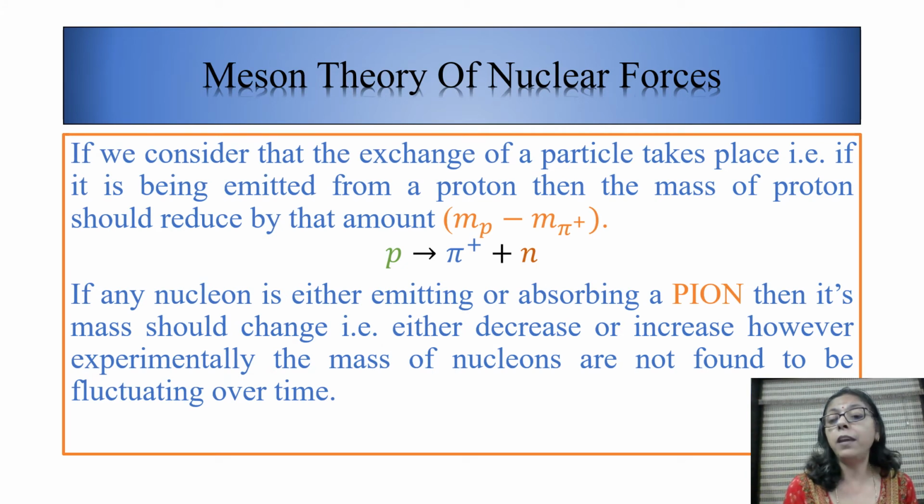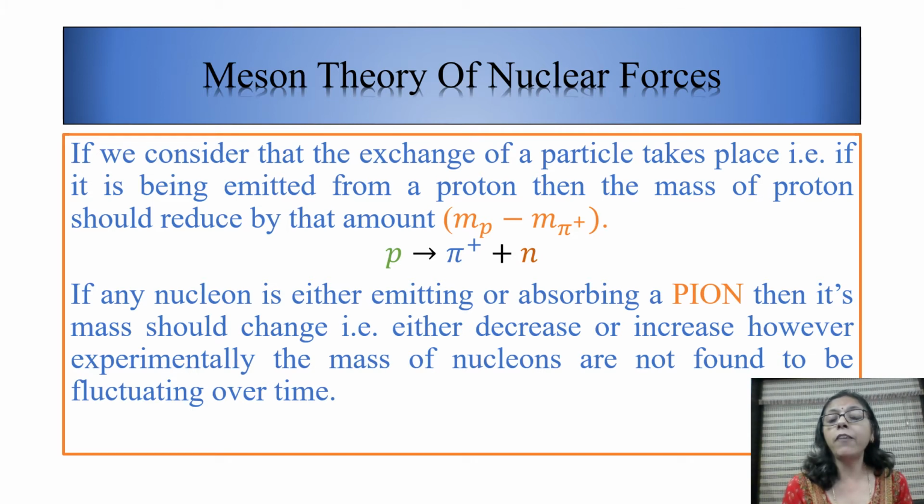Now, if we believe in Yukawa's theory and if we consider that there is an exchange of particle taking place, that is, if it is being emitted from a proton, then the mass of proton should reduce by that amount.